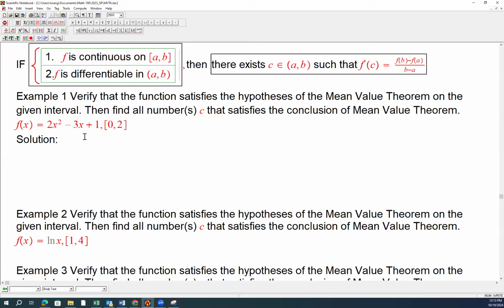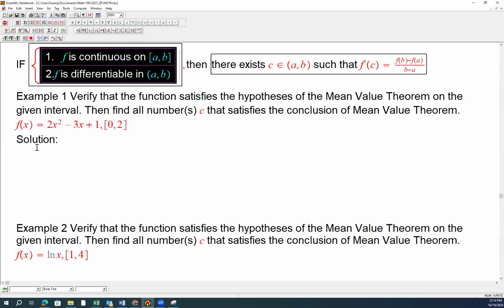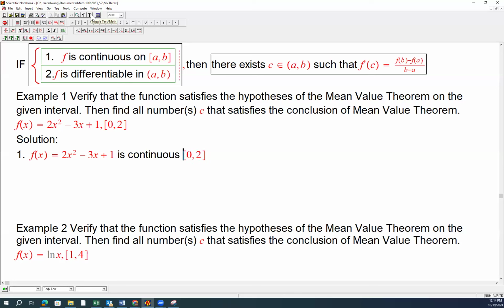Okay, so first we're going to check the conditions because we are asked to verify that the function satisfies the hypotheses of the mean value theorem, which is these two conditions, right? We just state that, first of all, the function is continuous on the closed interval.